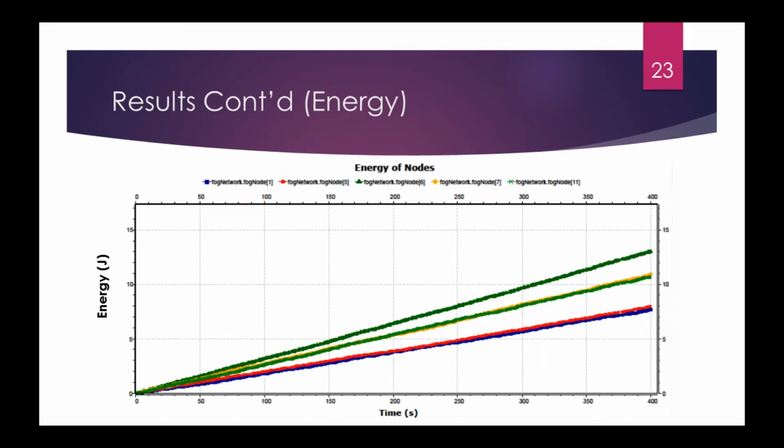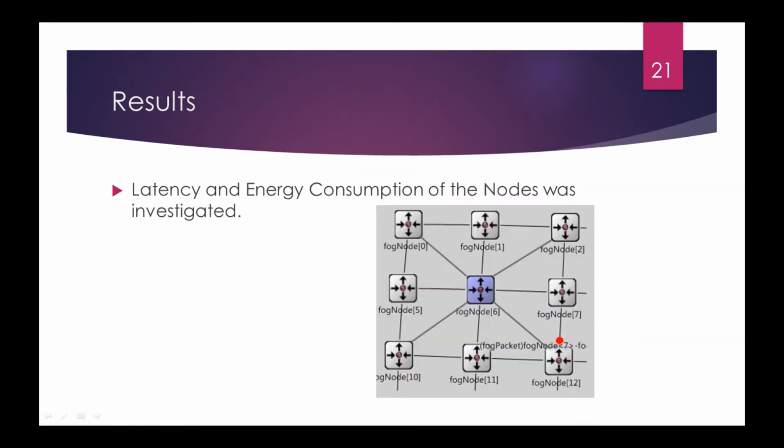These are nodes. This is another set of nodes which also show the same behavior as the previous graph. You can see that nodes 1, 5, 7, and 11 also show similar behavior.